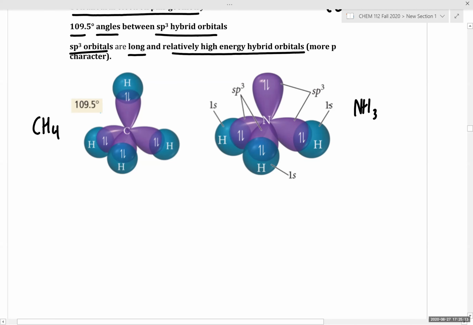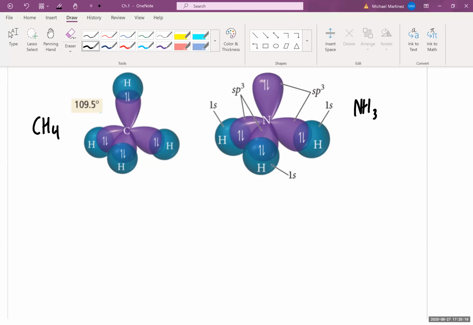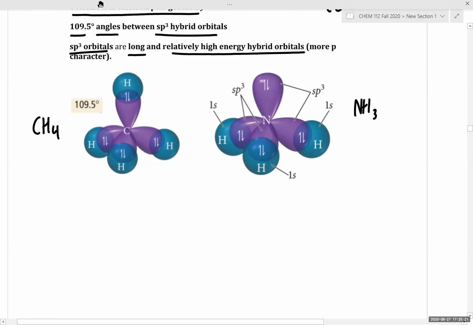Let's now unpack this example for methane, and let's try to draw out a picture for the various orbitals, the orbital energies, and how these orbitals overlap to form chemical bonds.